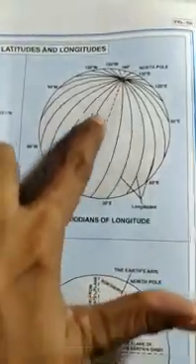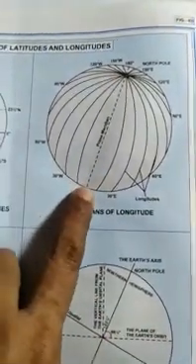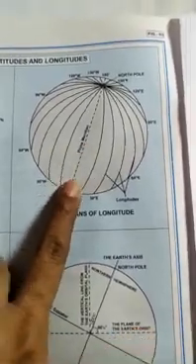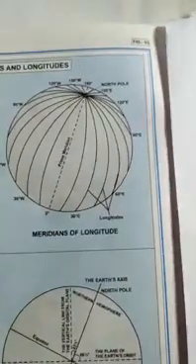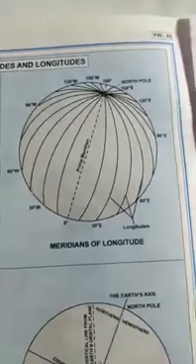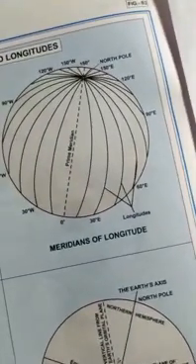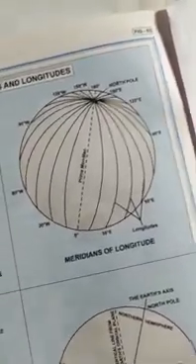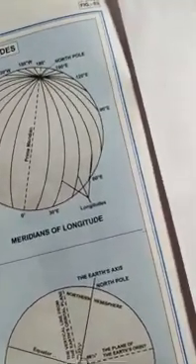This prime meridian line is called the Greenwich meridian line, because it is at the Royal Observatory in London.